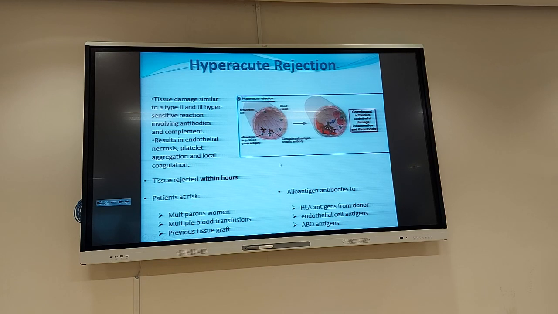The same with people who've had multiple blood transfusions and people who've had unsuccessful transplants in the past. So they've been exposed to these foreign MHCs. They develop anti-MHC antibodies. So when they get these transplants, these antibodies will immediately bind to these alloantigens, fix complement, and you can then get damage to the blood vessels and rejection. So this is a mixture of both type 2 and type 3 hypersensitivity.